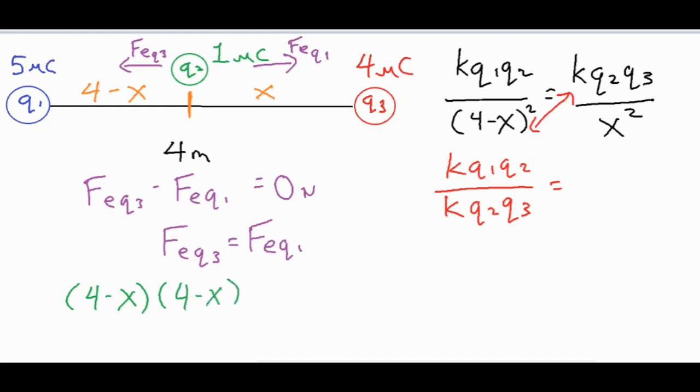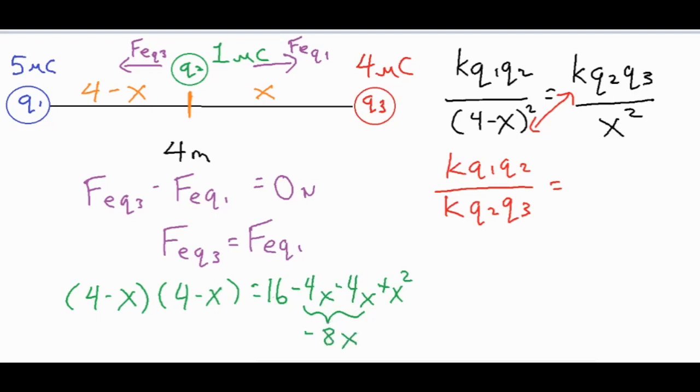We'll do that on the side. So the first is the 4 times the 4, which is 16. Outer, which is 4 times negative x. Inner, which is negative x times 4. And then last, which is negative x times negative x, which is positive x squared. So this is going to be negative 8x in the middle here.